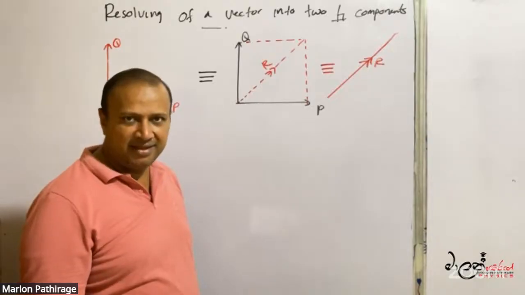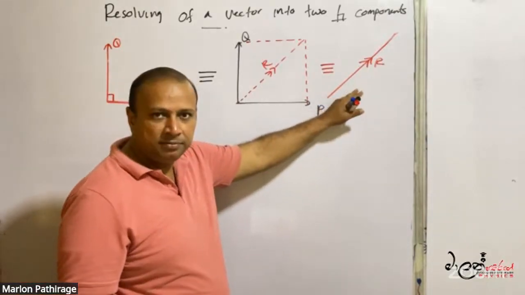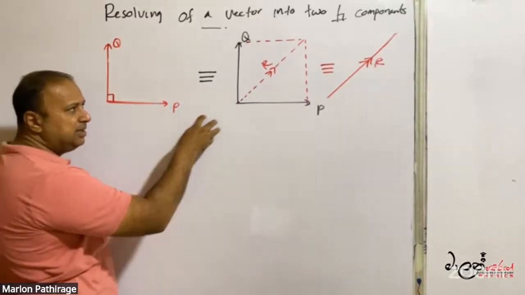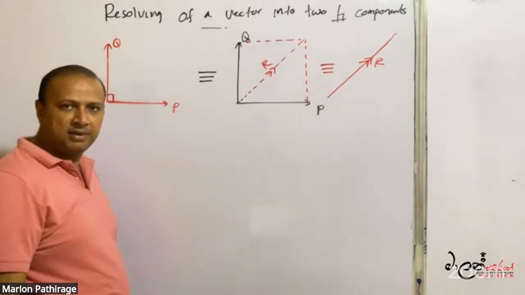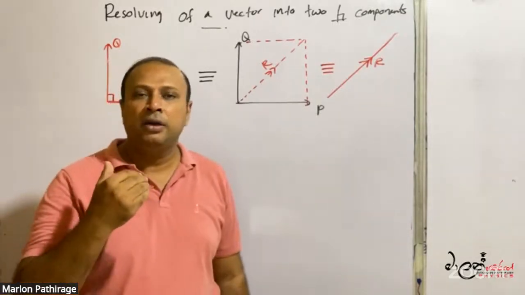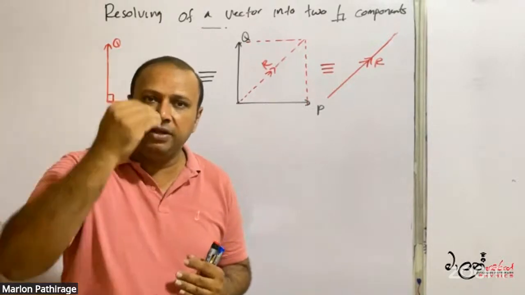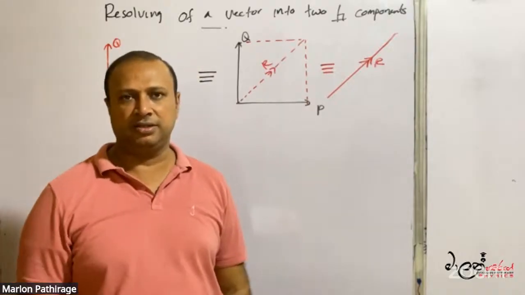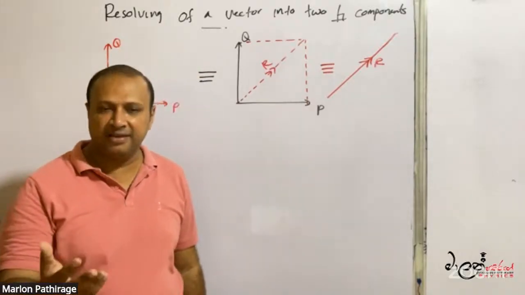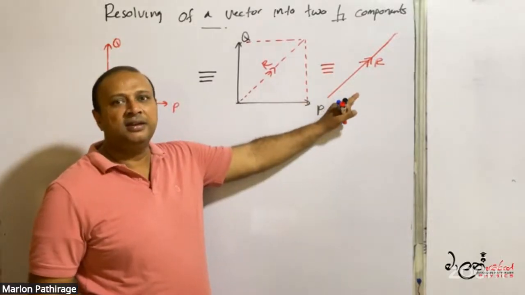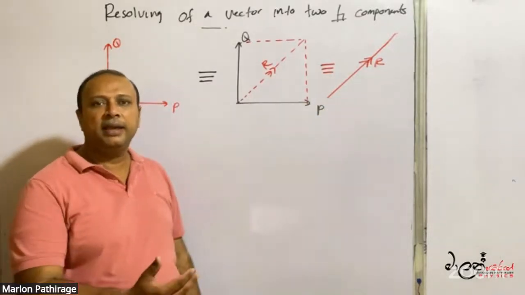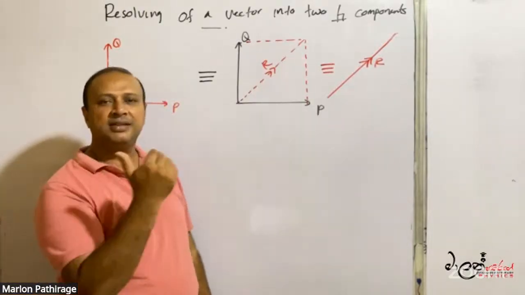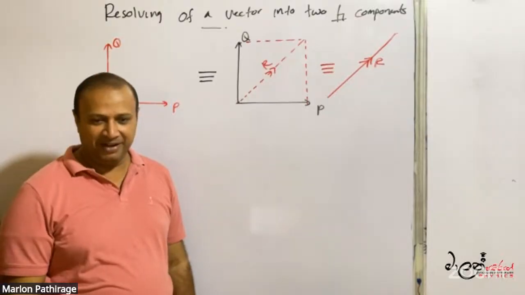Therefore, in such cases, we can use two perpendicular vectors instead of this one. Suppose we know the vertical and horizontal directions. In such cases, instead of using a single vector, I can use two perpendicular vectors in known directions.